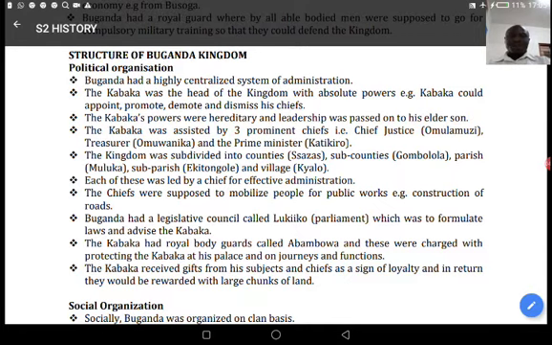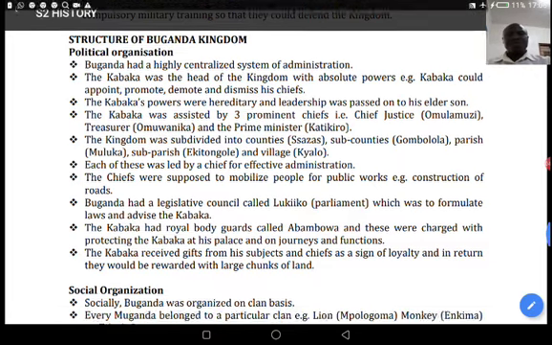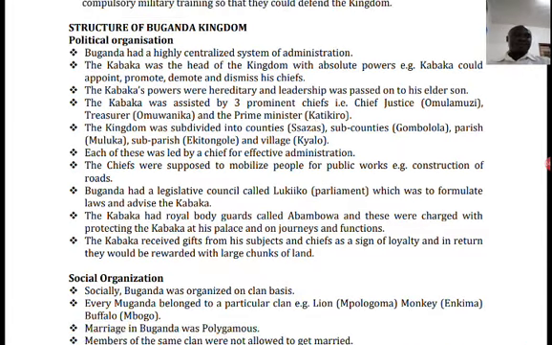And this Kabaka had all powers centered around him because he was the one to appoint chiefs. He was the one to promote them upon good performance, and he would demote and consequently dismiss the chiefs at will, and he was unquestionable because people were not supposed to question the Kabaka.